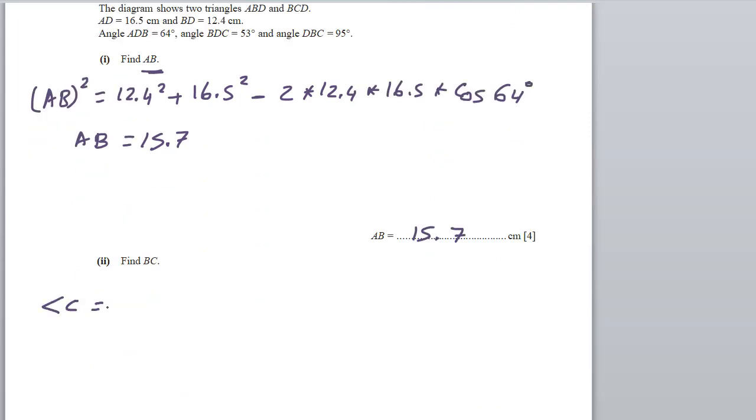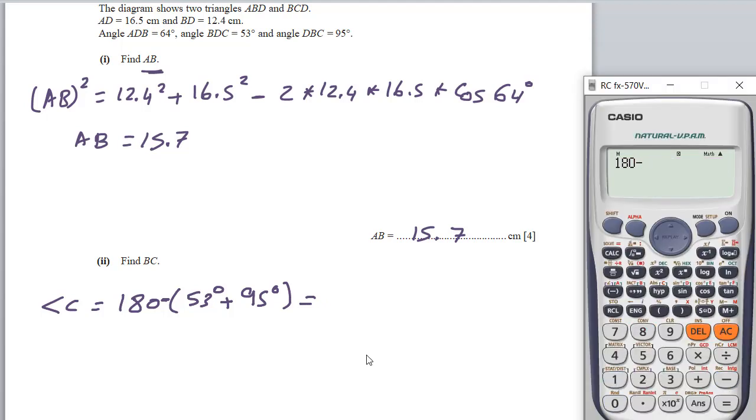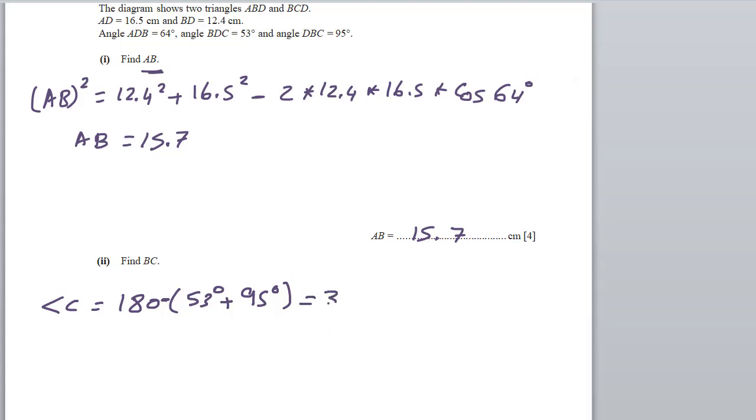So angle C again is equal to 180 minus 53 plus 95. So this angle is 32.